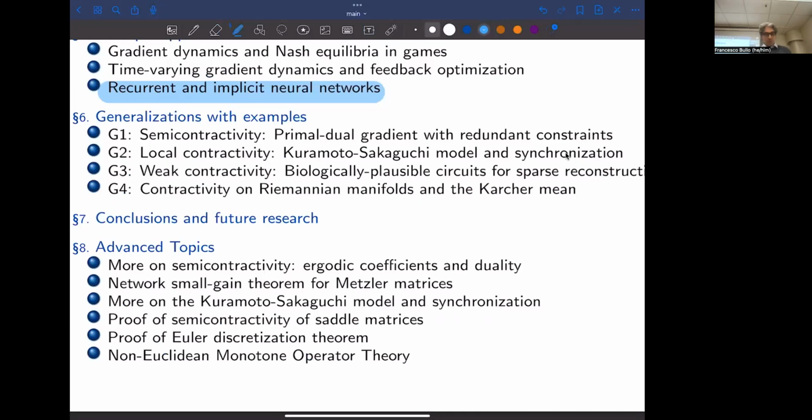We encountered the problem in which you were not contracting on the full space when the constraints were redundant in the primal-dual gradient flow, because that dynamical system lives on a subspace, and you need to define a proper norm for that subspace, not a norm on the full space.